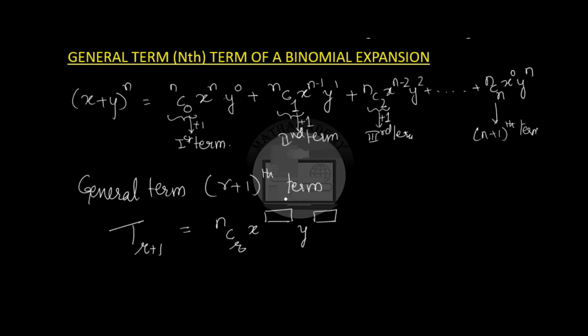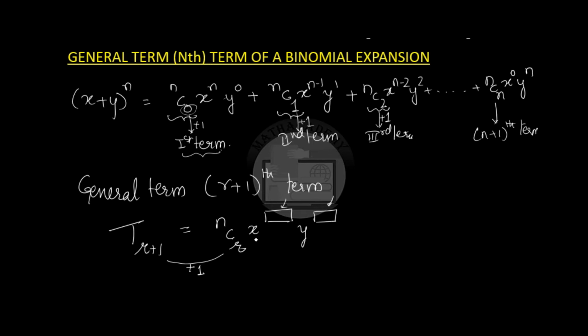We need to figure out what these two things are. We know that the position of the term is always one more than this number here. So if it is the (r + 1)th position, it has to be nCr, so that when we add 1 to this r, we get the position as the (r + 1)th position.